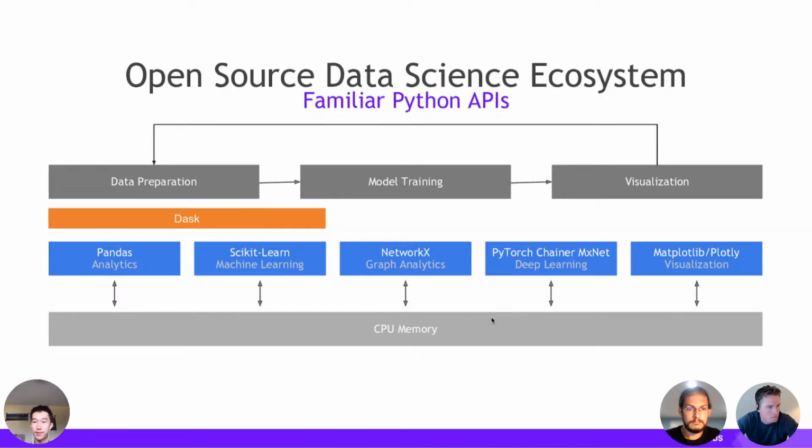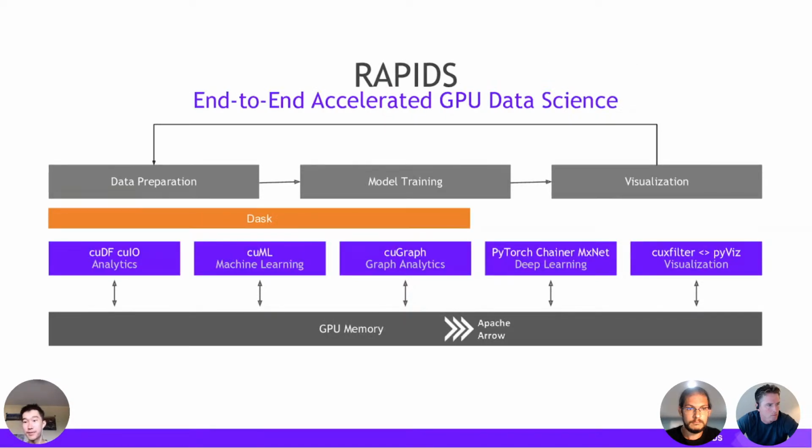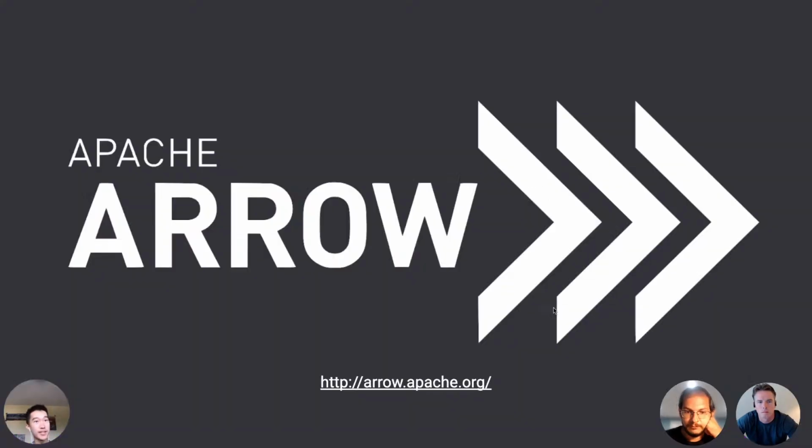So that's the memory that you have inside your computer. But with Rapids, it allows you to interface with GPU memory. And like I mentioned earlier, the format that your data is stored in is known as Apache Arrow. And Apache Arrow is a really cool project. And now I'll hand it over to Seb and Justin to talk a little bit about Apache Arrow.